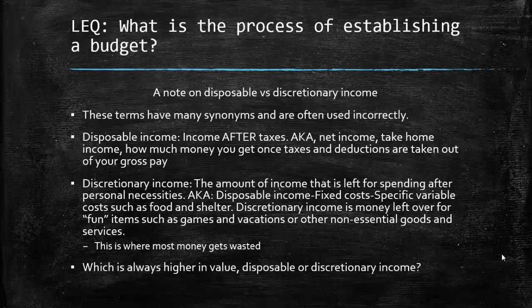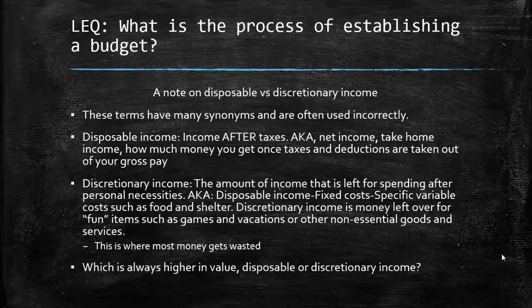So discretionary income, after you have paid your bills and after you have purchased your necessities, the amount of money left over is called discretionary income. So after taxes have been taken out, and once you've paid all of your bills, and once you've purchased all of your necessities such as shelter and food, what's left over to have fun with, such as spending money on entertainment and dates, we call that discretionary income.